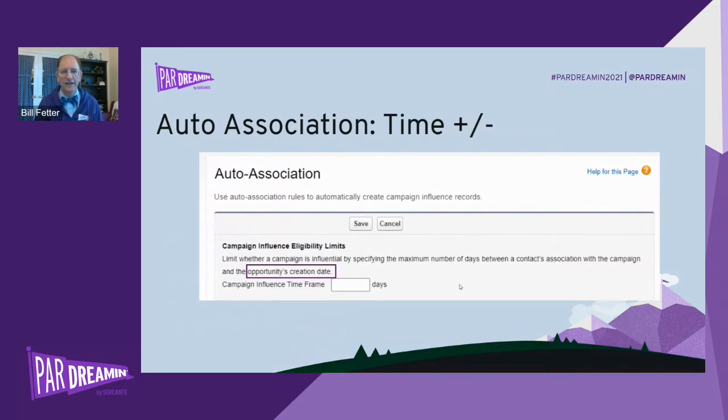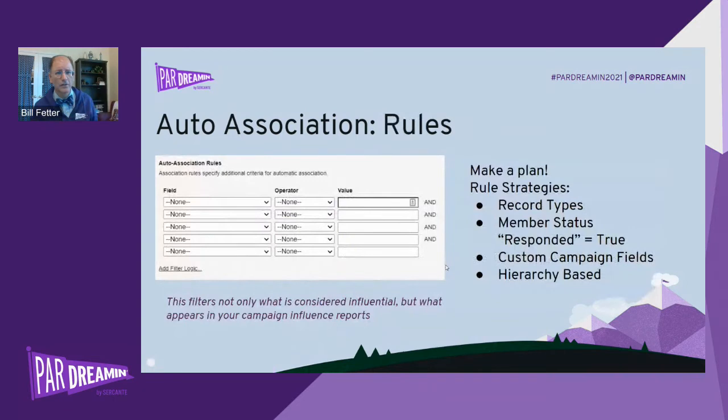That's the time bracket, and we'll talk about what that means a little bit down the road. But again, remember that it's the time of the first association with the campaign, not the time that the filtered activity took place, but the first association with the campaign and then the opportunity creation date. That's the time window we're talking about. We'll get to that in a little bit.